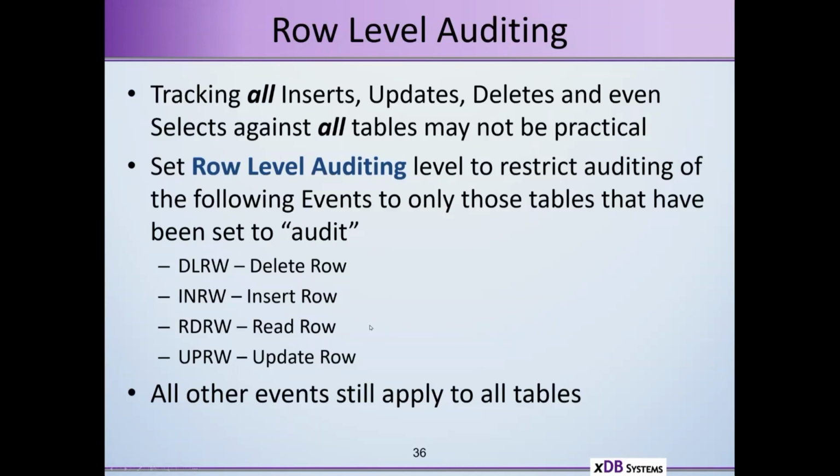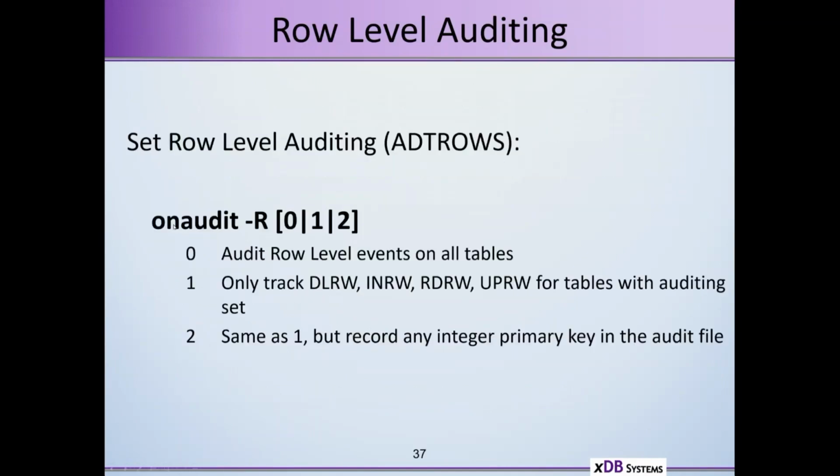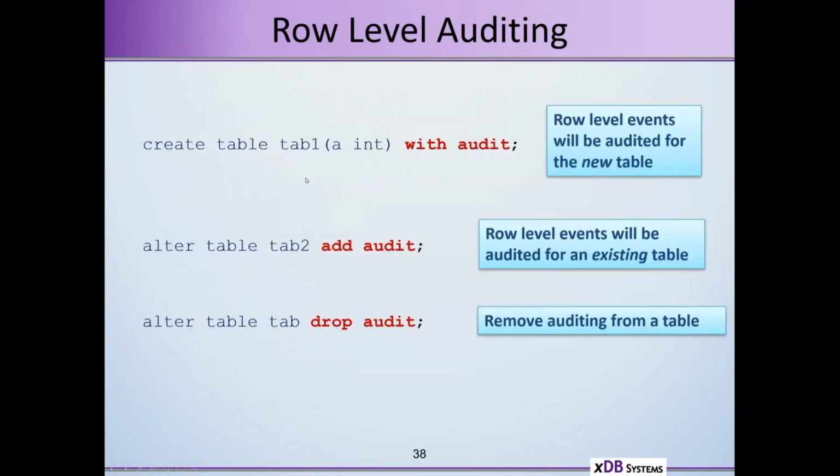Now, all the other events, like whether you're adding grants or altering the table, those will still apply to all tables. But the way we do this, once we set our onaudit -R to enable our row level auditing, we set it to 1 or 2. We then need to say, okay, these are the tables I want to capture that additional information on.